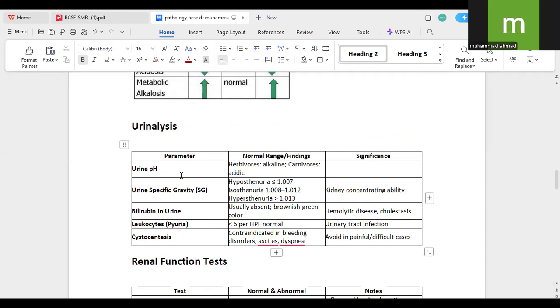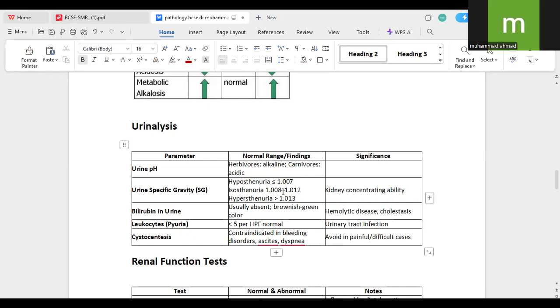Urinalysis, urine pH. In herbivores, normal pH is alkaline. In carnivores, normal pH is acidic. And hyposthenuria, isosthenuria, and hypersthenuria. Basically, it is the specific gravity of urine. Hyposthenuria is when there is low specific gravity than the plasma.